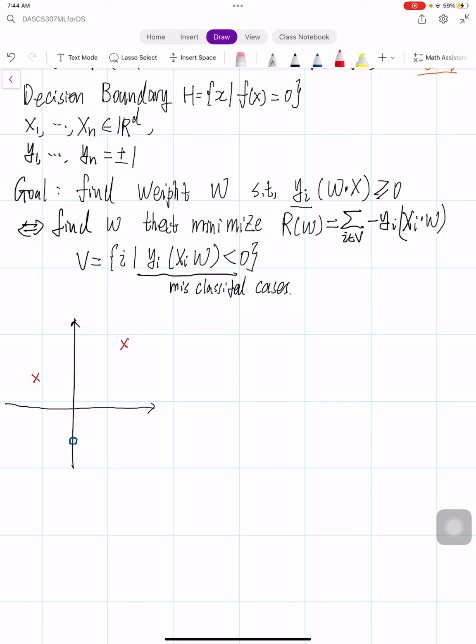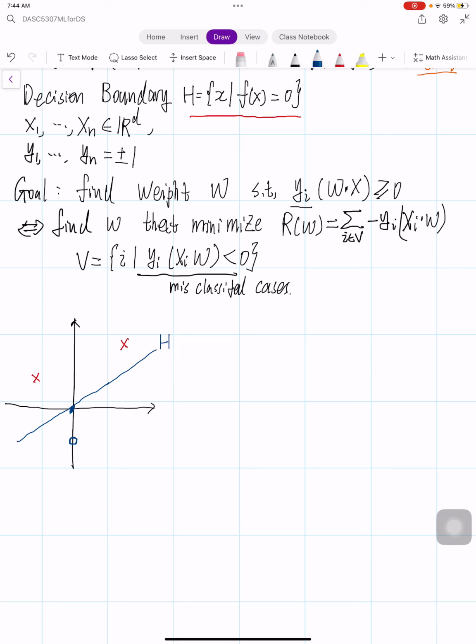Because the decision boundary crosses the origin, we need to find a decision boundary through the origin.